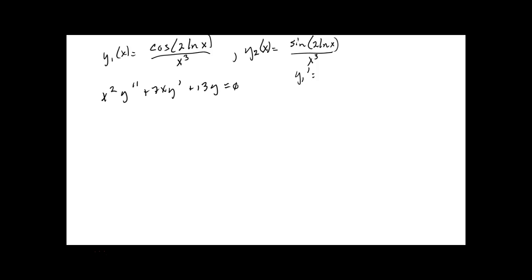How does the quotient rule go? Low d high, so low is x cubed. Now the derivative of that. What's the derivative of cosine? Minus a sine of 2 log x.